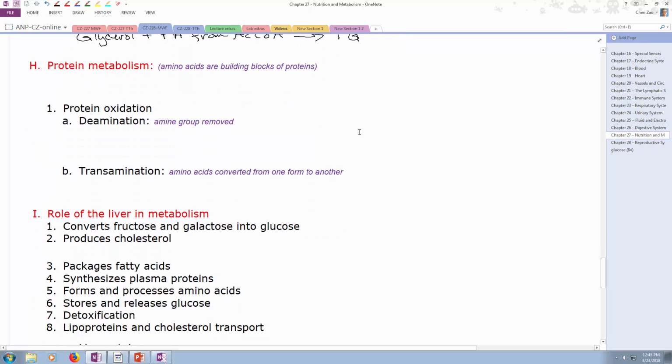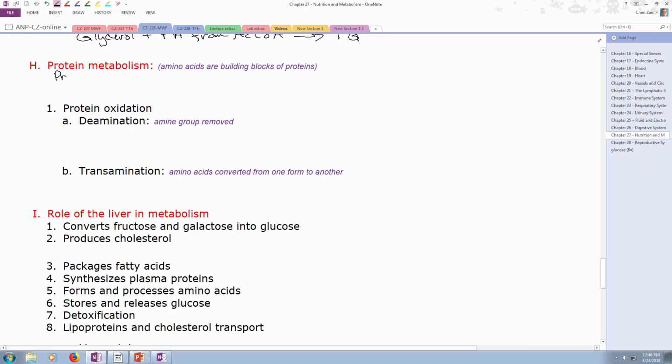Protein metabolism. Amino acids, we know, are the building blocks of proteins, and we only make a protein if we have all the amino acids present, right? Because a protein is very dependent upon the proper sequence of amino acids.